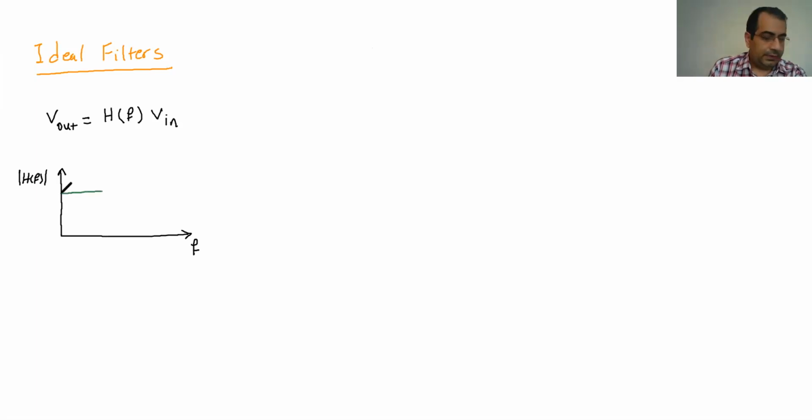It goes all the way up here, then goes down to 0, and then it stays 0 for the rest. So this is going to be 1. It is 1 all the way through until it gets to the frequency that I call here FH, which is basically the cutoff frequency.